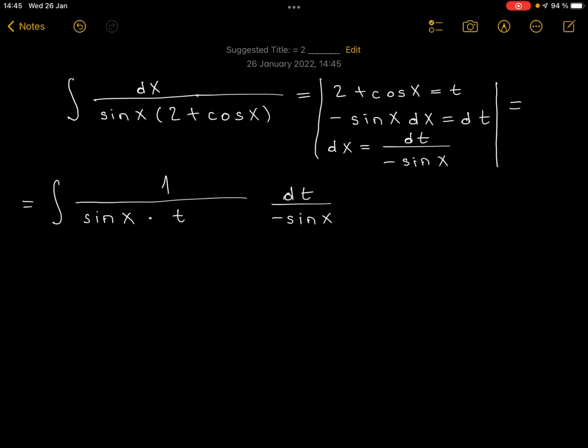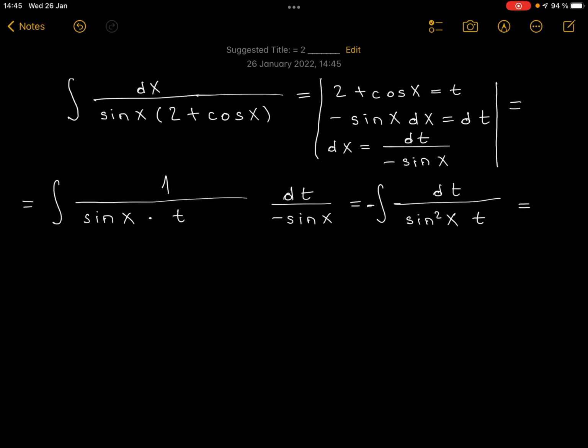Now, why did I do this? Because now I have the negative integral of dt over sine squared x times t.